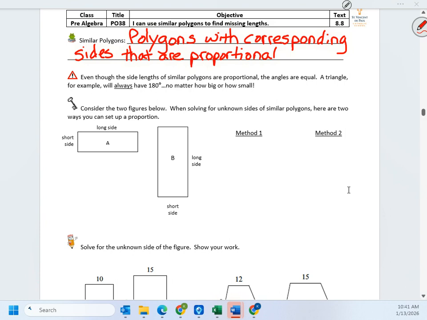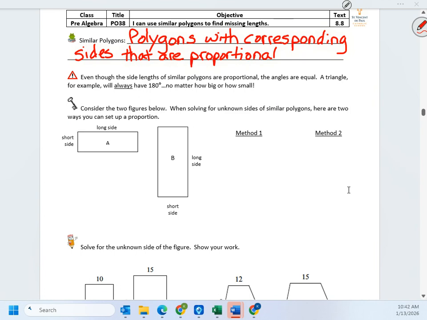A triangle, for example, will always have 180 degrees no matter how big or how small. So basically, if our polygons are proportional, they are getting bigger and smaller in a proportionate size. So it's going to be the same shape, just different sizes. A rectangle is going to look the same, just be bigger or smaller. The angle measurements are the same.